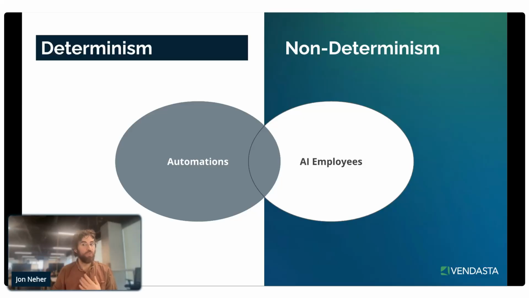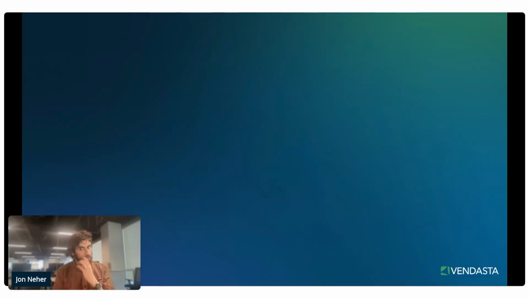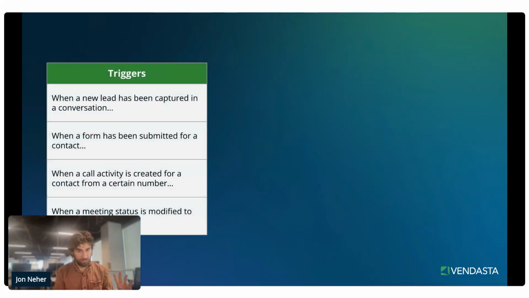Based on the information that we have, do your best to make a personalized choice. And we find that spot right in the middle where we have AI employees working inside of automations. So let's start first thinking through those sorts of automation deterministic pieces.